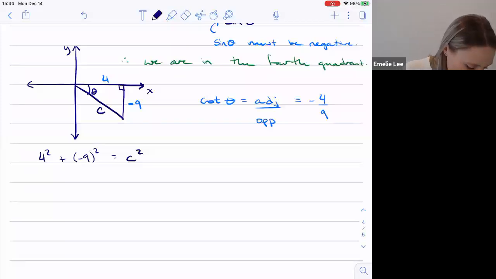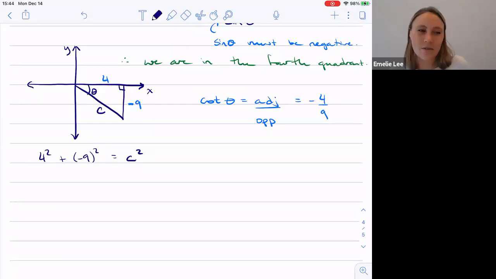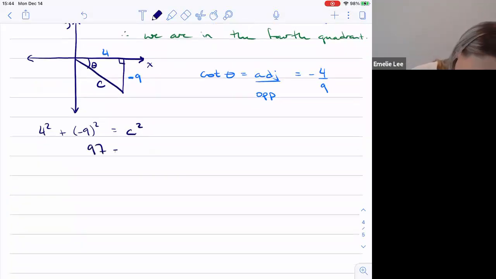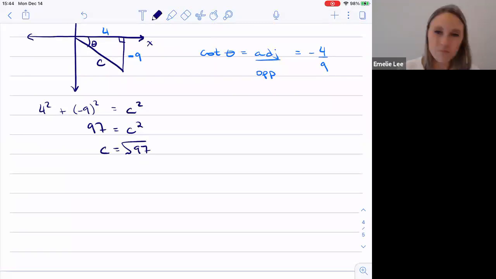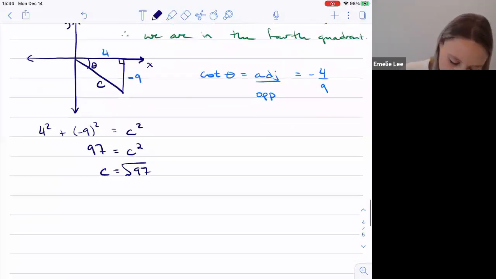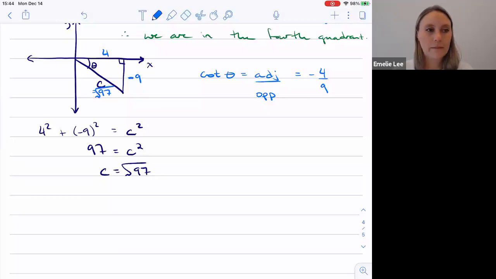And so I have 4 squared plus, and I can drop the negative, because any negative squared is just the same as the positive squared. So I get 97 is c squared. So then c must be the root of 97, which actually doesn't become anything nice. That's okay. We just leave it as the root of 97. So now I'm going to rewrite this as c, which is the root of 97.